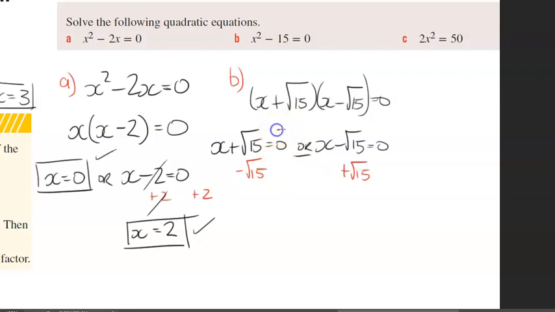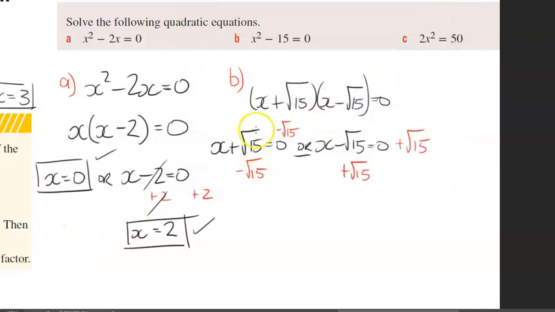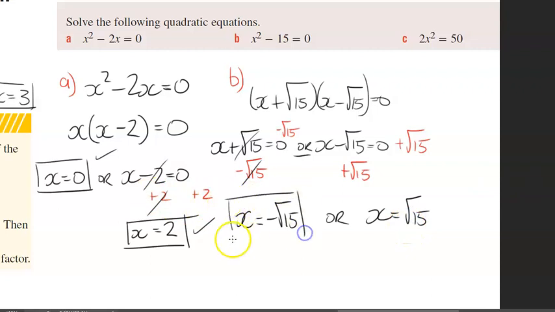So whatever I do to the left hand side, I also do to the right hand side. These two cancel, and so what we're left with is either x can be equal to negative square root 15, or x can be equal to positive square root 15. And these are our two plausible solutions.